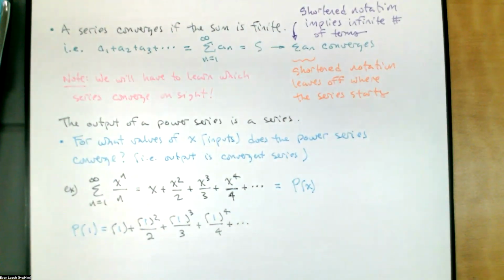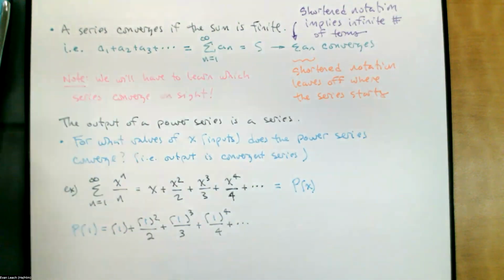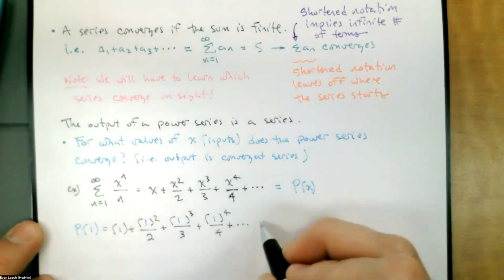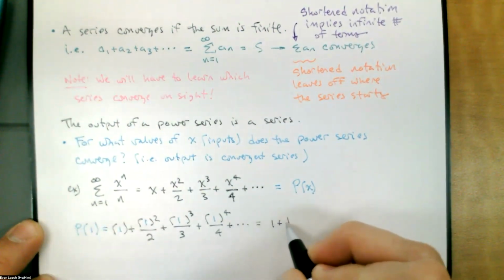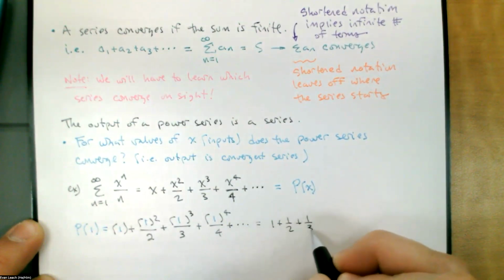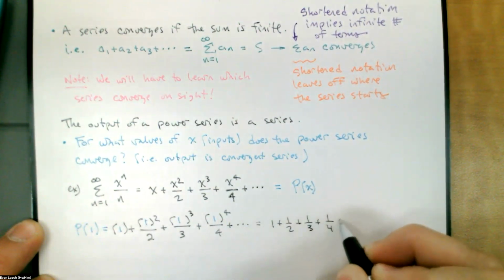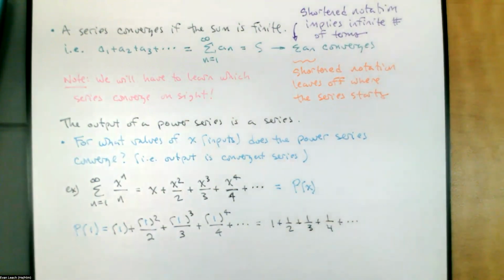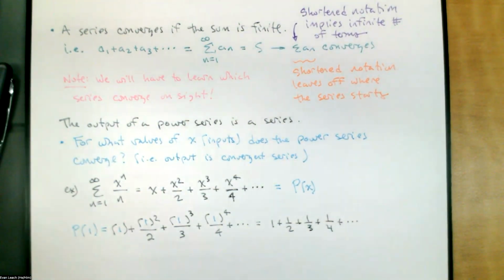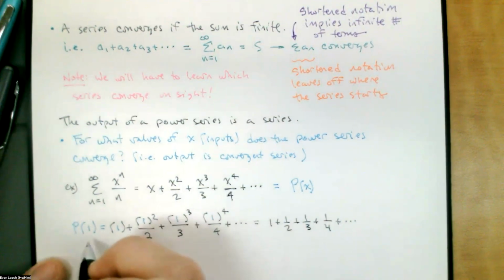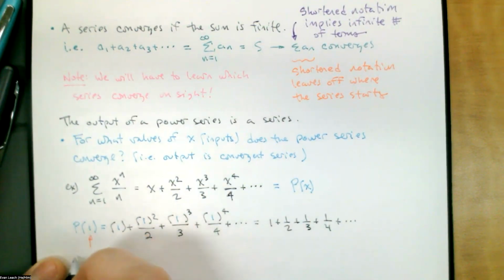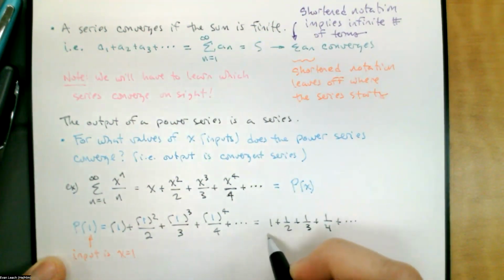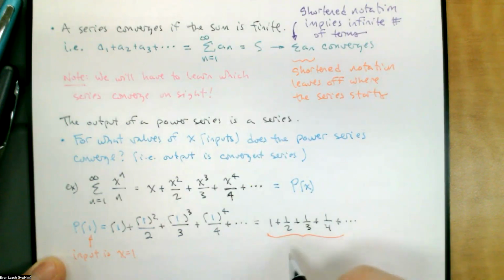The result is a series. The input was 1, and the output is the series 1 plus 1 over 2 plus 1 over 3 plus 1 over 4 plus 1 over 5 and so forth. The input is a 1, and the output is this series.